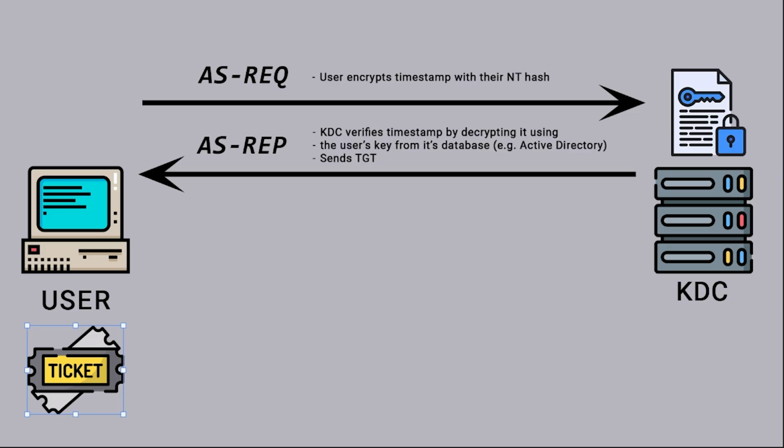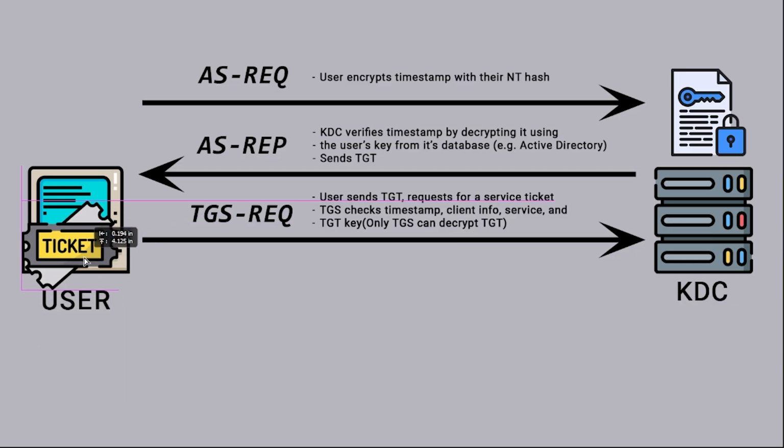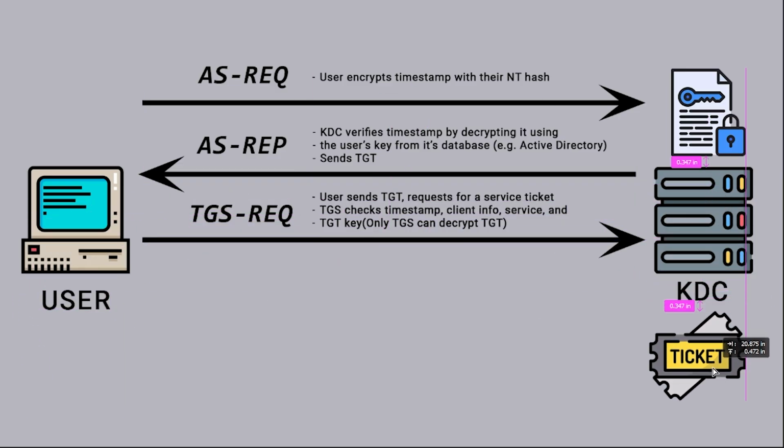When she sends over that ticket granting server request, she'll send over the ticket that she grabbed from the authentication server back to the KDC. They're going to check the timestamps. Remember, the KDC has the keys to do all of the decryption and to see all the info to see if it all matches up on its end.